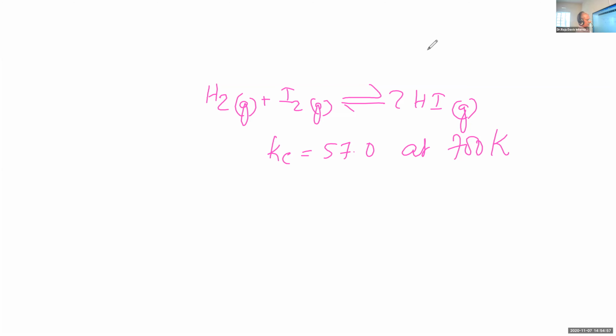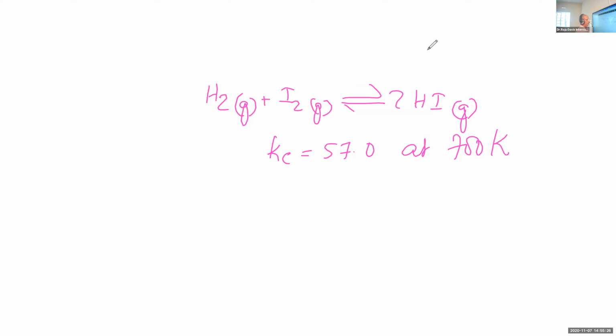The products will be formed to a greater extent. That is what is meant by products predominate. Similarly, if the backward reaction increases, the products will be less. The reactants will be at a higher extent. So we say the reactants predominate. Got it? Yes, sir.